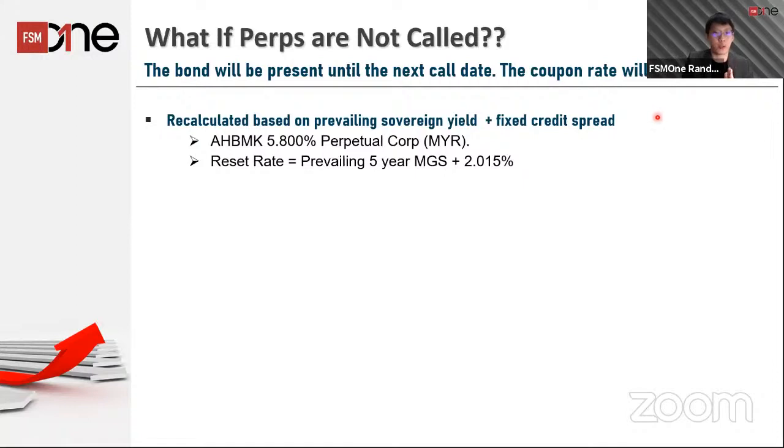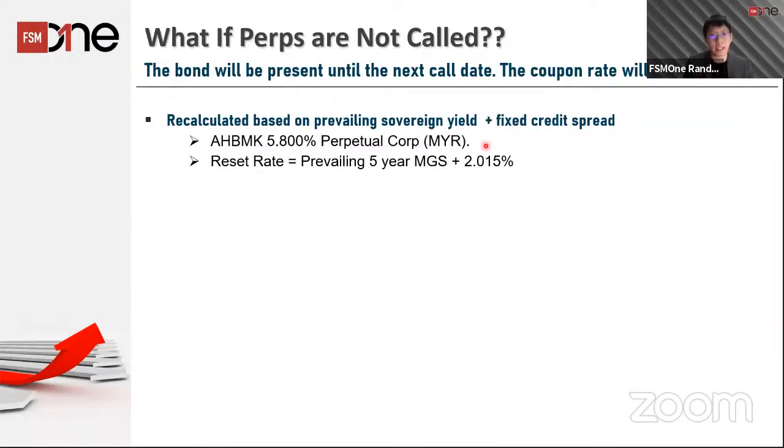The first way is to recalculate the coupon rate based on the prevailing country yield plus a fixed credit spread. One example is a bond issued by Affin Bank. Affin Bank gives you a 5.8% coupon rate, and this is a perpetual bond whose next call date is 31st July 2023.